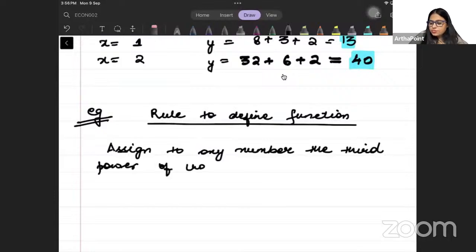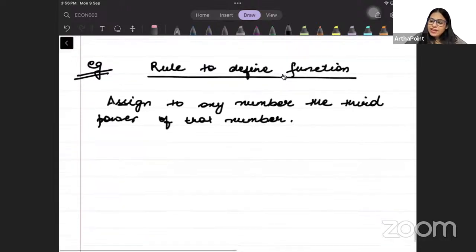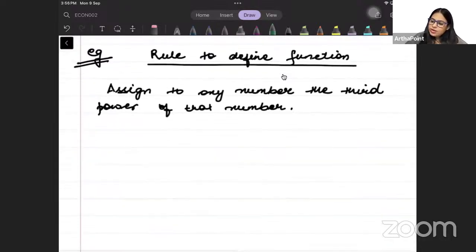Assign to any number the third power of that number. माने whenever we take any number, हम कोई भी number लें x and we find its third power, power 3 कर दें, that should give us a new number. उससे हमें एक नया number मिल जाना चाहिए. It should give us a new number.